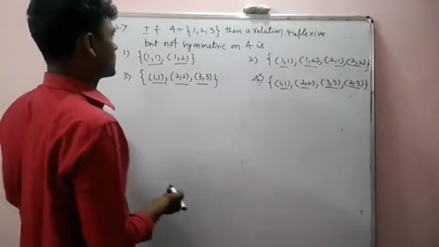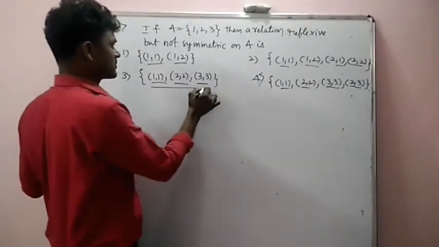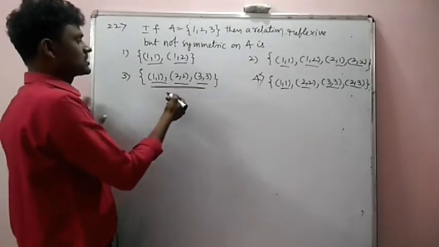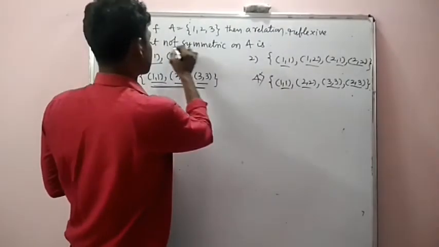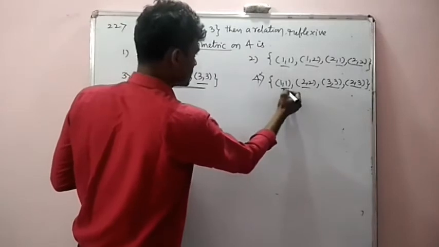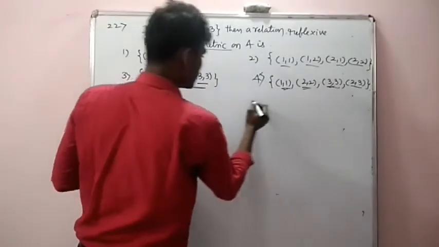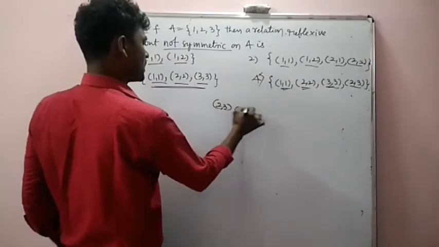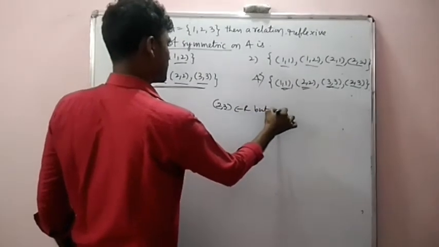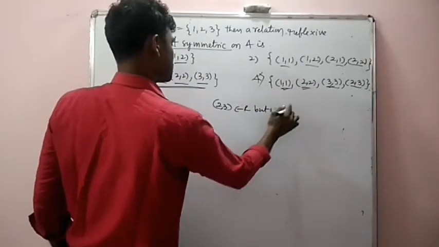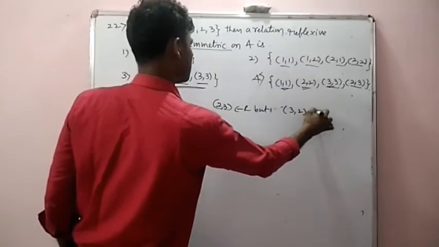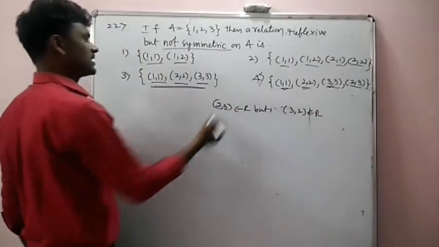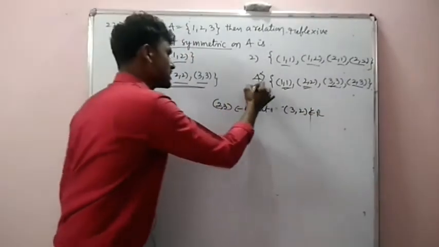That's why this is not reflexive. Then this one is reflexive and symmetric, both are possible. But we need not symmetric, with reflexive possible. Here (2, 3) belongs to R, but (3, 2) does not belong to R. That's why this is reflexive but not symmetric.